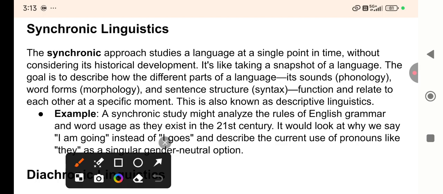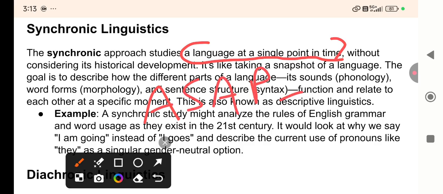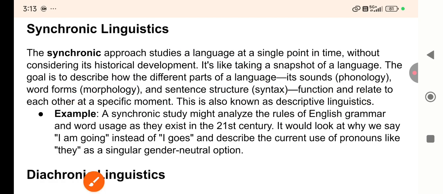It means when we study language at a single point in time, we just study language at present. Many short terms have been coined by the young generation, such as ASAP, for as early as possible, and LOL.